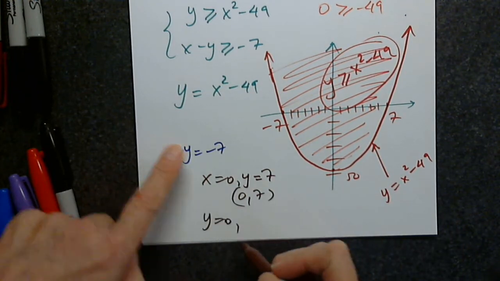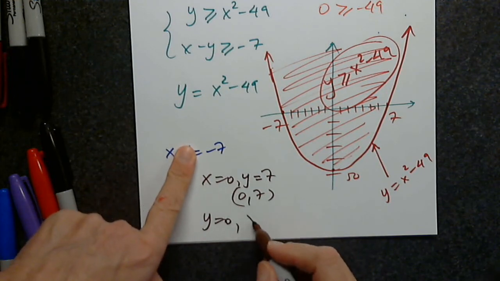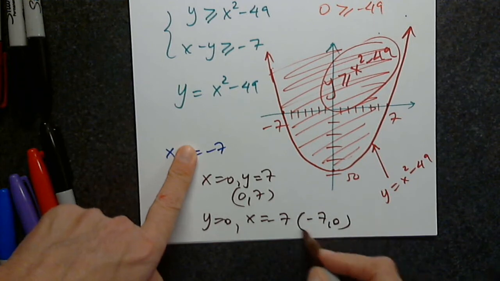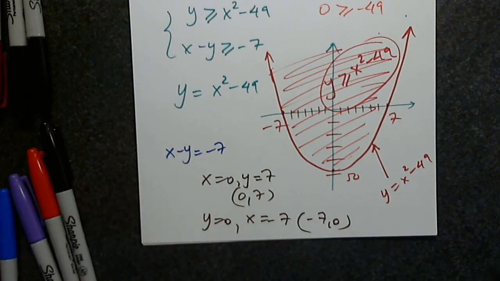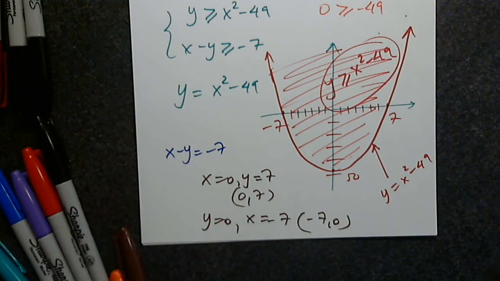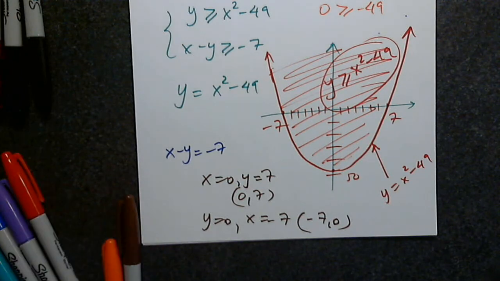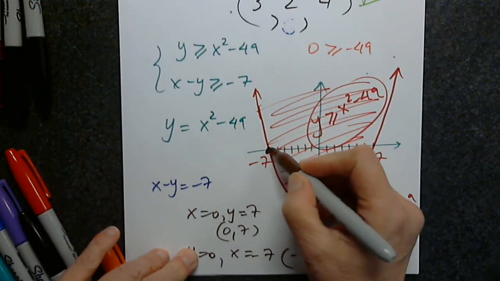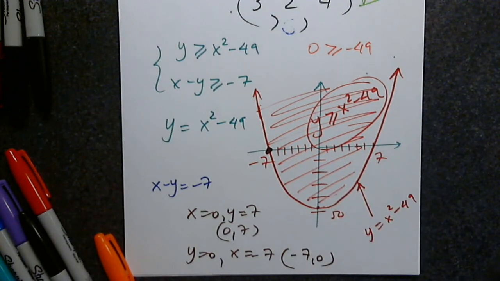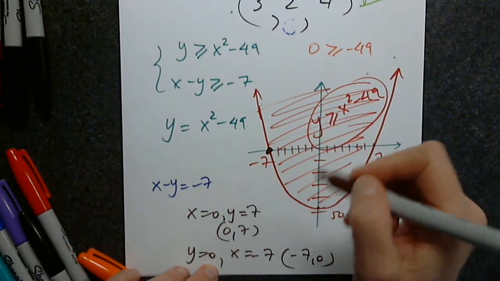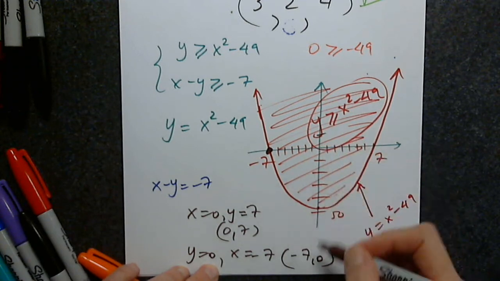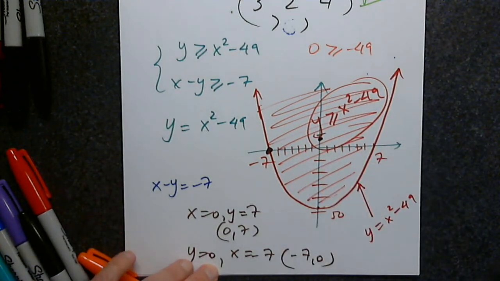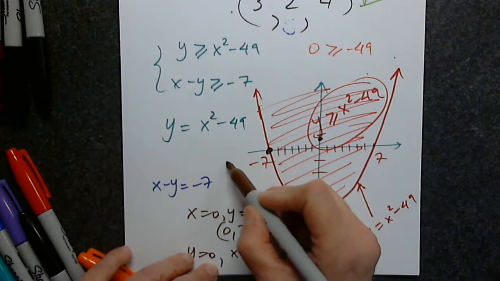When y is 0, I cover it, and I get x equals -7. You didn't know how easy this was till I put my finger on those. Okay, so -7, 0 is this point, and 0, 7 is this point, because I have a unit of 10. Solid or not? Good.